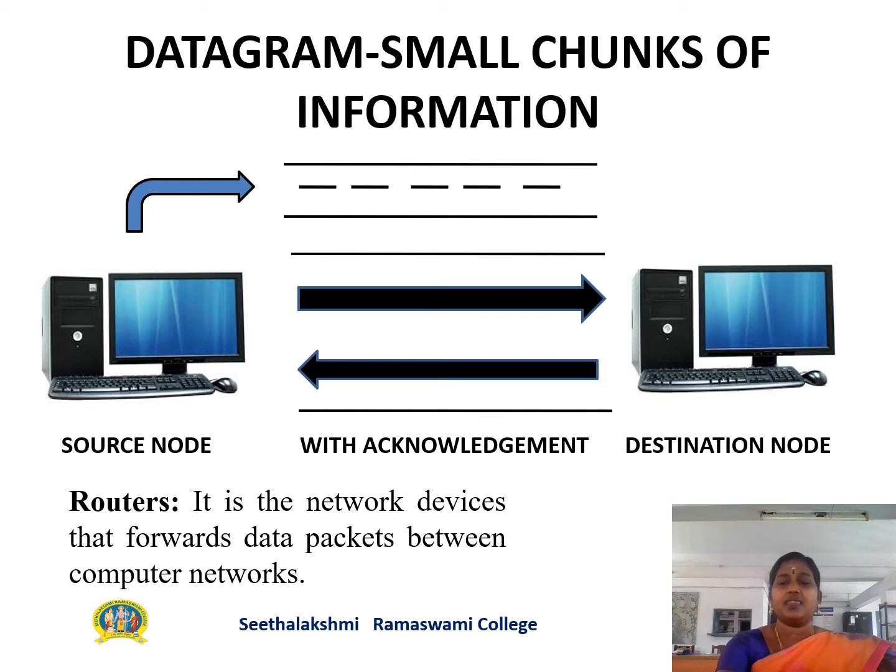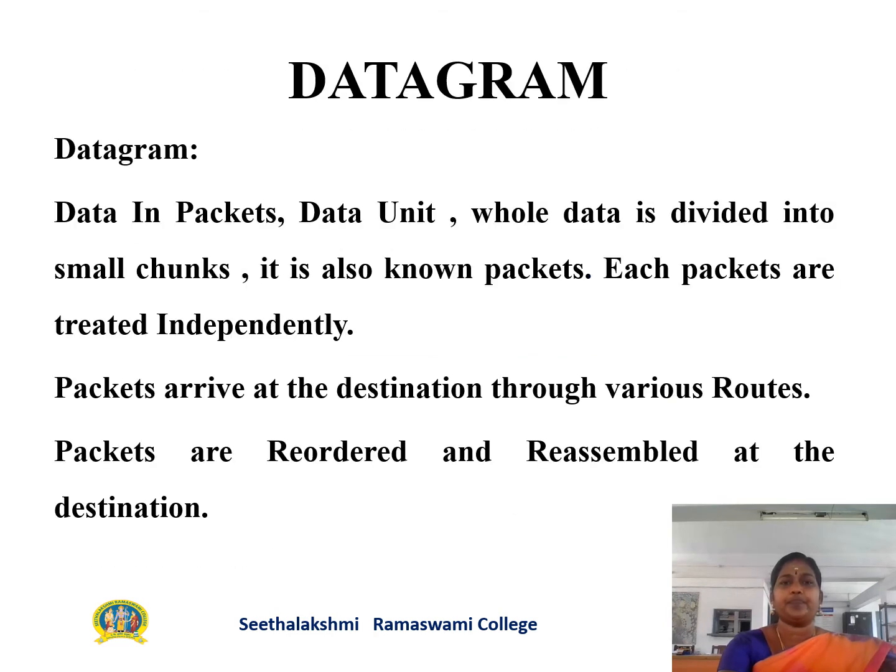In the other case, the destination node will send an acknowledgement back to the source node. Here we have a router, which is the network device that forwards data packets between computer networks.